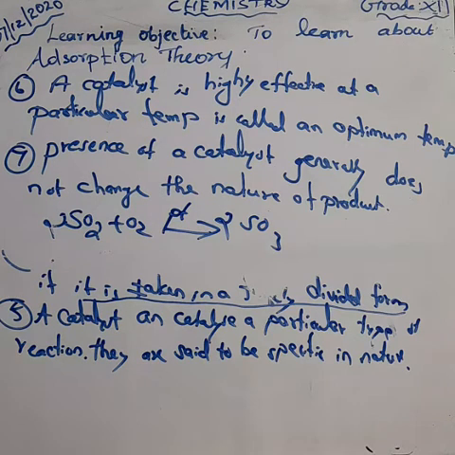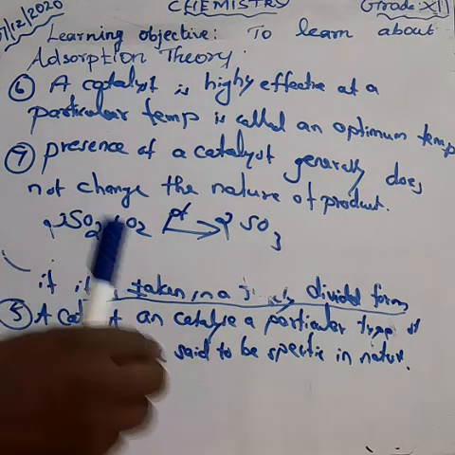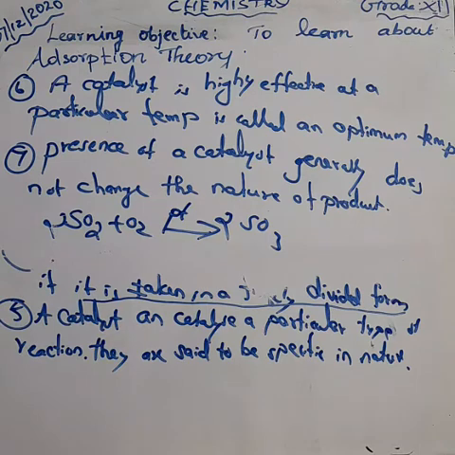And also, second point, the catalyst remains unchanged in mass and chemical composition in a chemical reaction. A catalyst itself cannot initiate a reaction. It cannot start a reaction. But if the catalyst takes part in the reaction, it can increase the rate of the reaction.